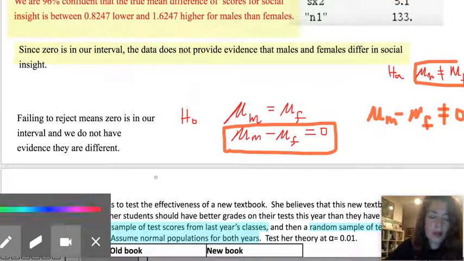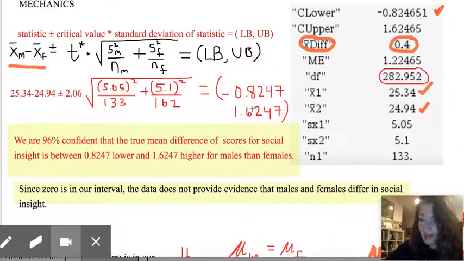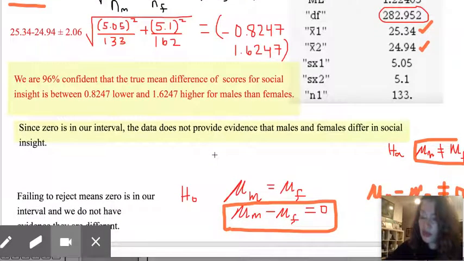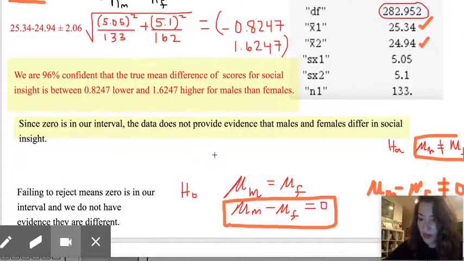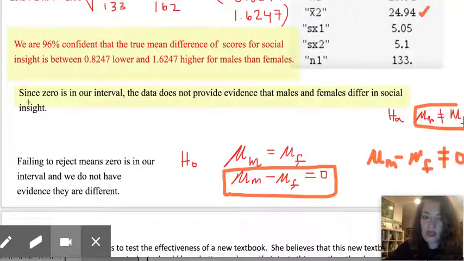Now take a look at our lower bound and upper bound. Our lower bound is negative and our upper bound is positive. That means 0 is within our interval. When 0 is within your interval, that means you are saying that there is no difference between them. They are the same. So to answer the question, we would say since 0 is in our interval, the data does not provide evidence that males and females differ in social insight.